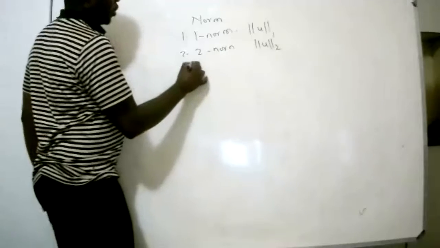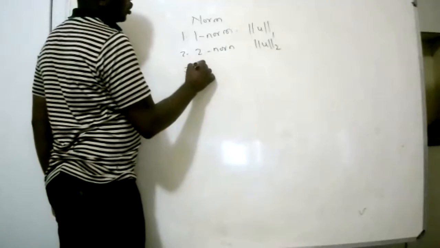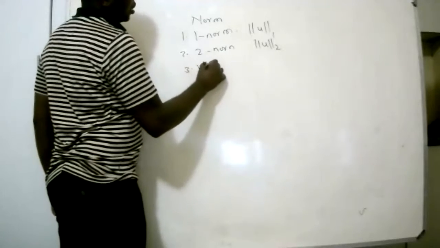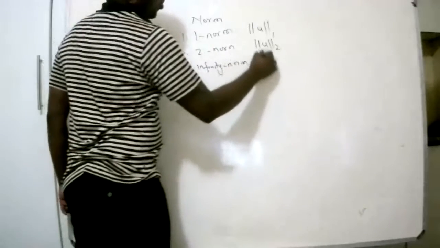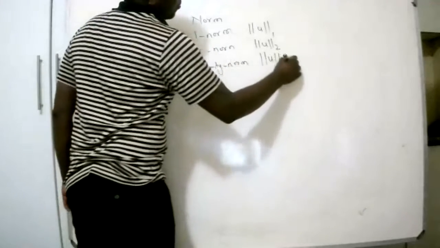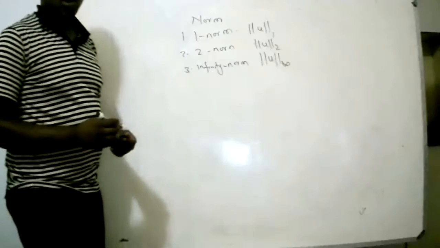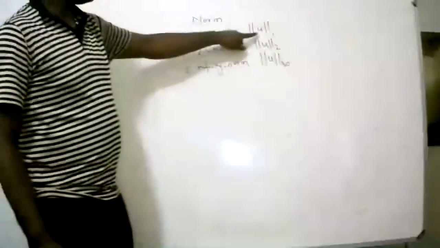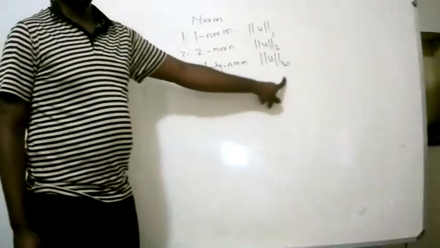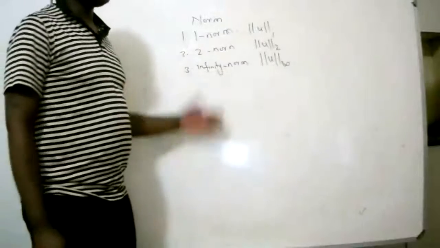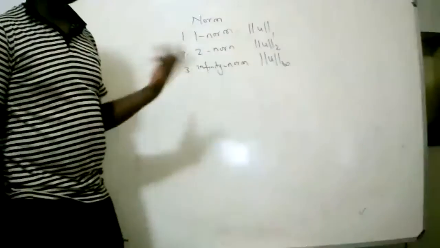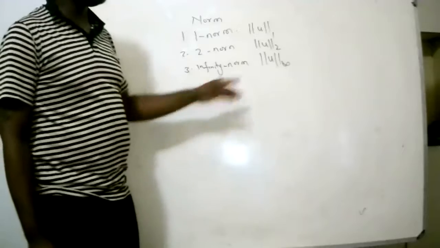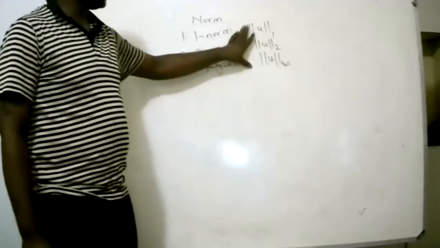And the last one we covered is the infinity norm, which is given in that form. You must remember all these norms: the one norm, the two norm, and the infinity norm. Usually we also have another one, called the Frobenius norm, but we are not doing it. We are only doing these three norms.